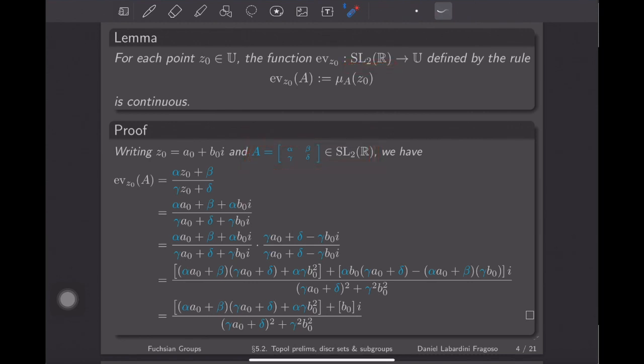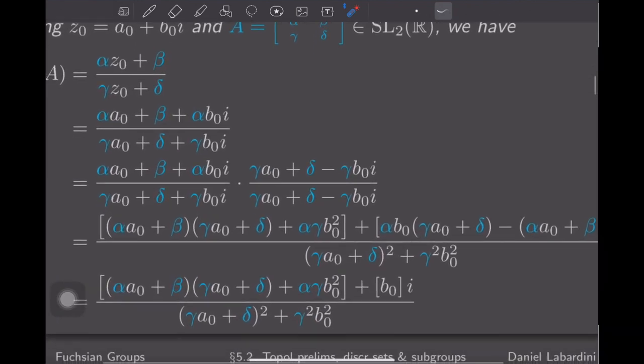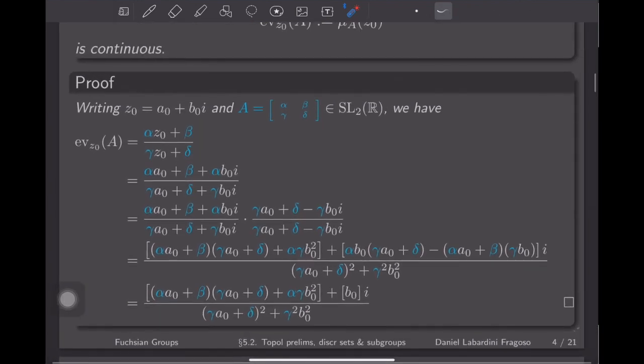Then this evaluation is this Mobius transformation evaluated at z0, and then one can just keep going and develop, right? But in the end, the point is that you see here I wrote in blue, or in cyan, what really is a variable in the domain, right? So these are really real variables, right?